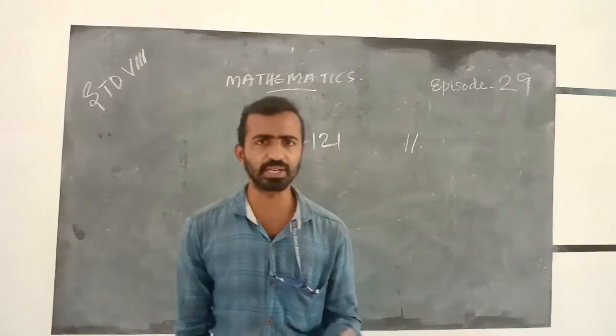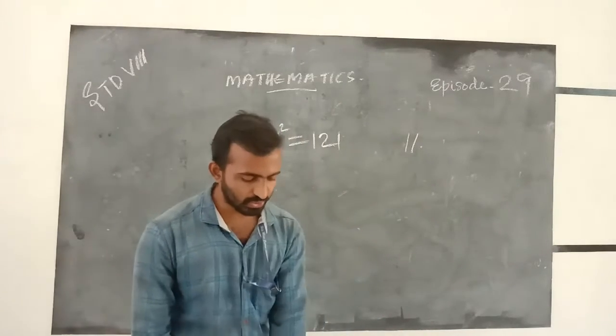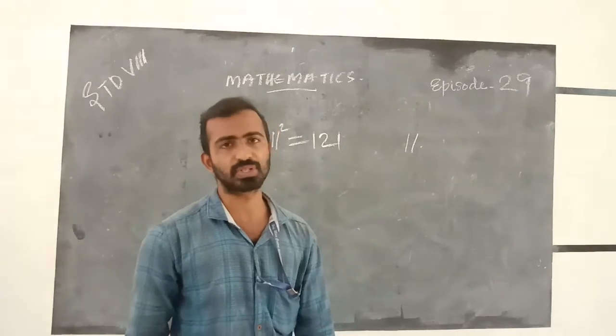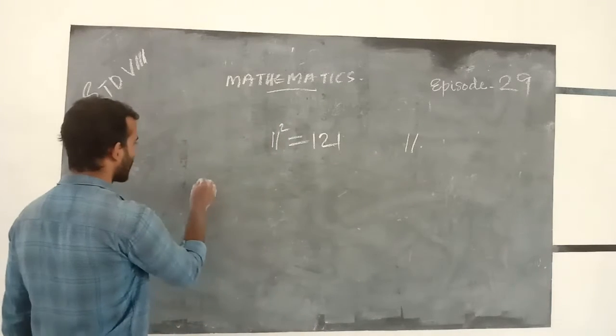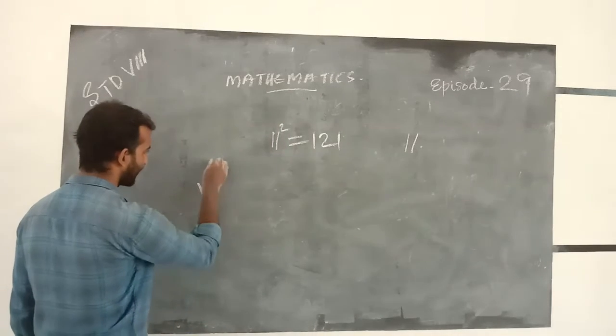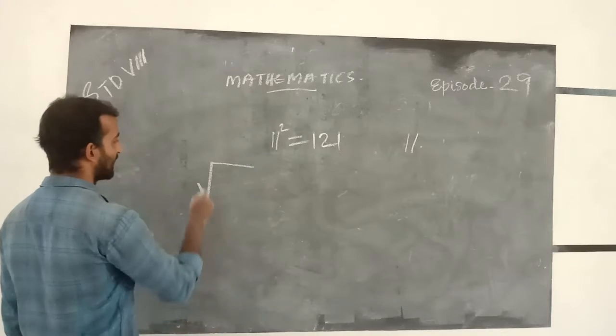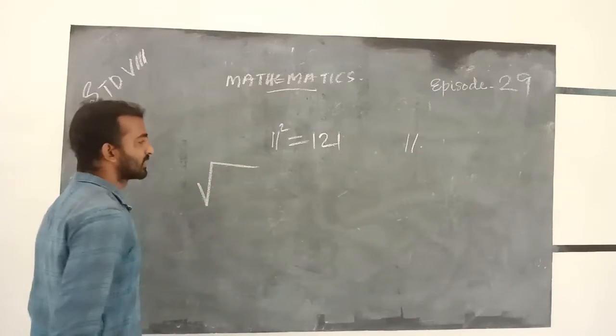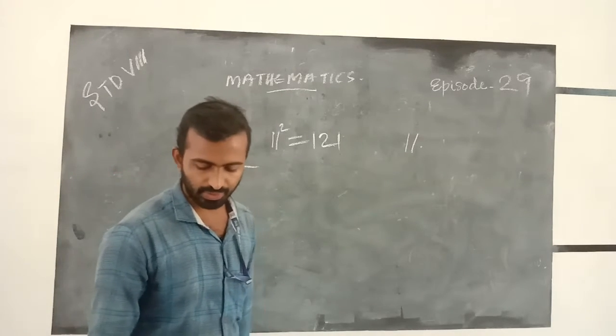Next we are going to discuss finding square roots. The symbol of square root is this one.